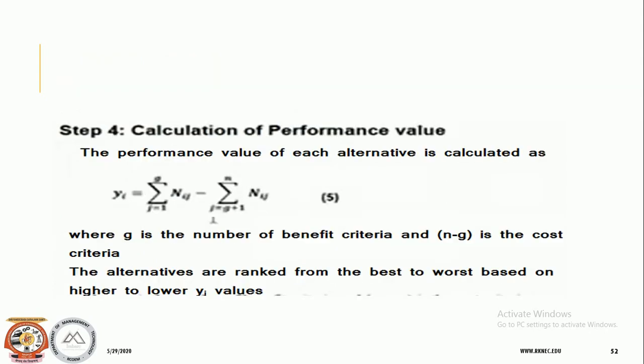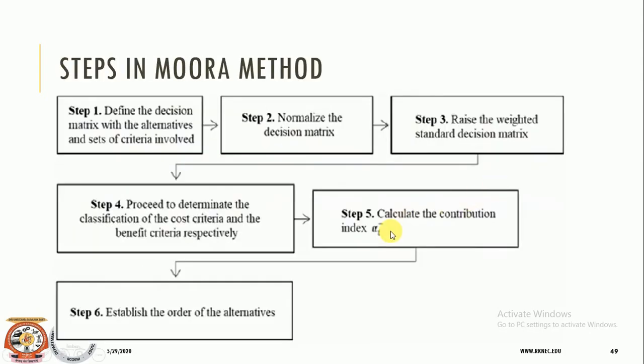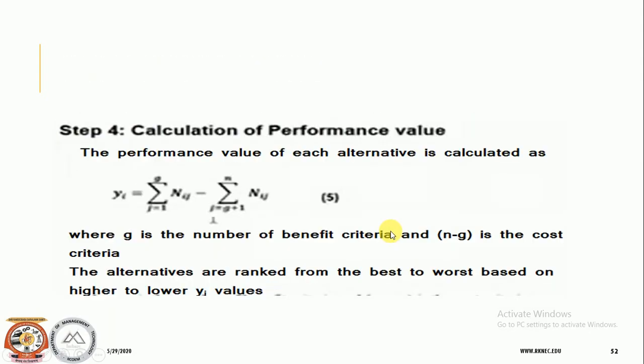Then calculation of the performance value, which is the contribution index we were discussing. The performance value of each alternative is calculated as yi equals summation of i from 1 to g, minus summation of i from g plus 1 to n. Here g is the number of benefit criteria and n minus g is the number of cost criteria. It means you need to sum all the values of the benefit criteria and sum all the values of the non-benefit criteria.